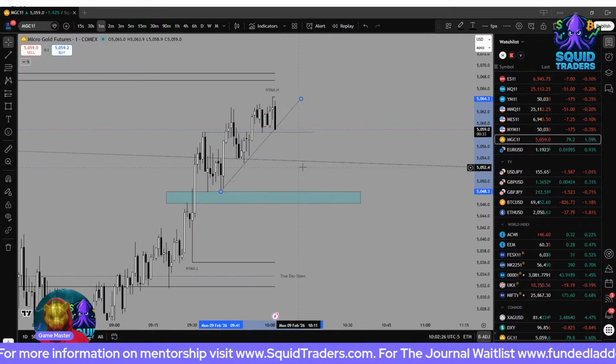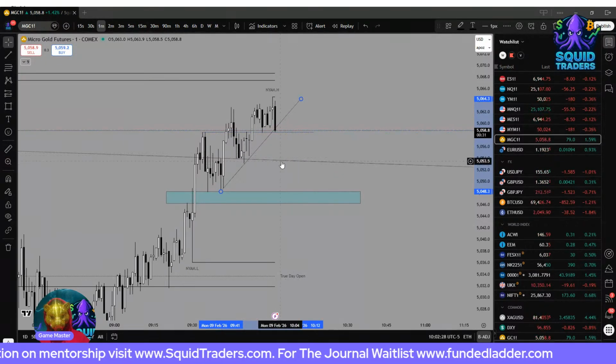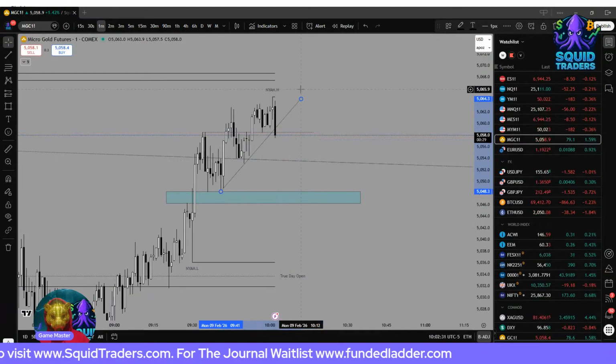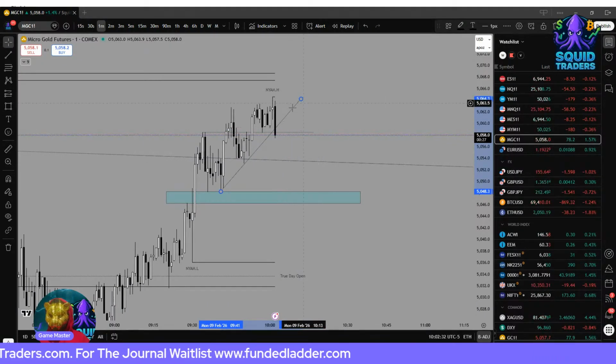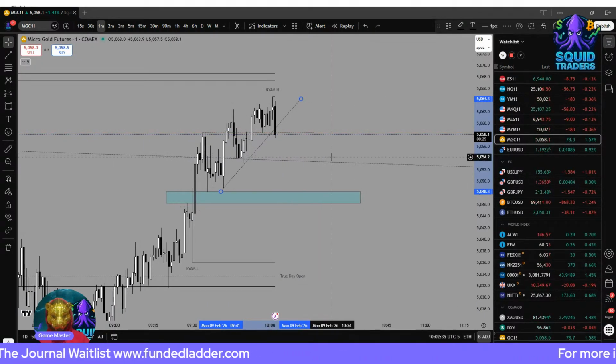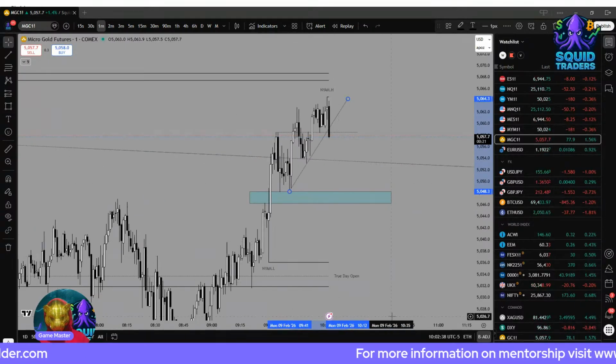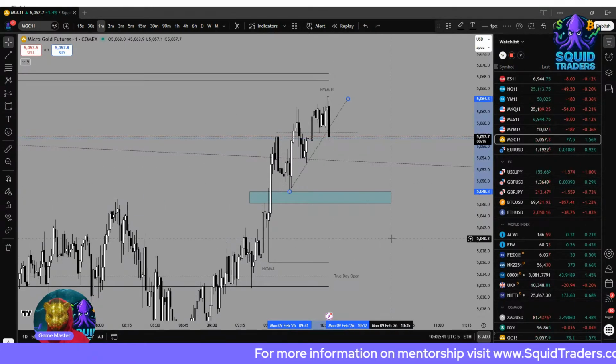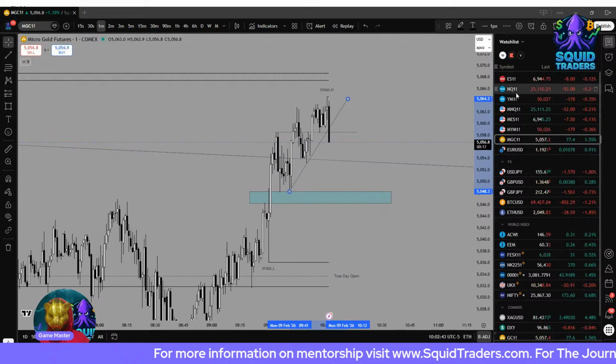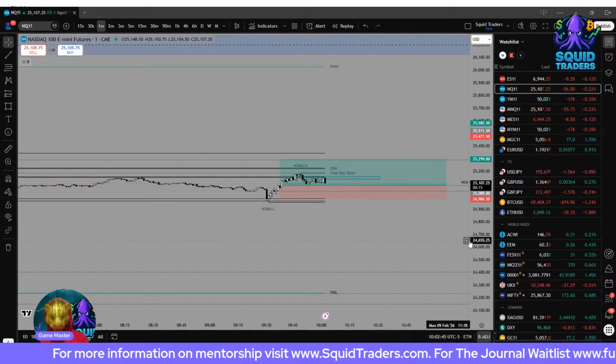I want it to come down to 5052 max and then just bounce from there. That is what I'll be looking for. If it comes any lower, that would mean it wants to go back inside and then start its journey towards the downside. So yeah, just letting you know what I'm thinking.